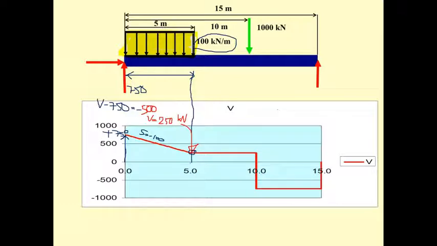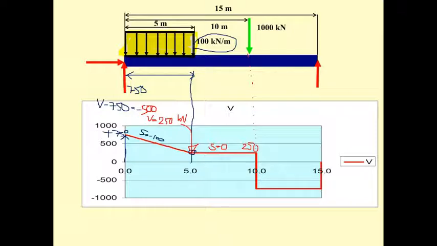And then during this portion, there is no distributed force, so the slope is equal to 0 up until this point. And this is going to be 250 also on the left of this force.